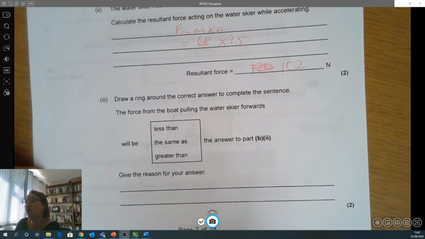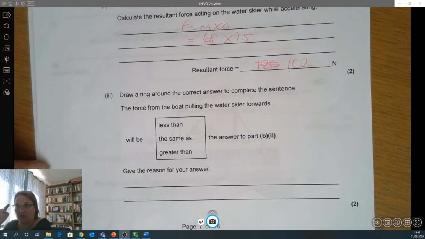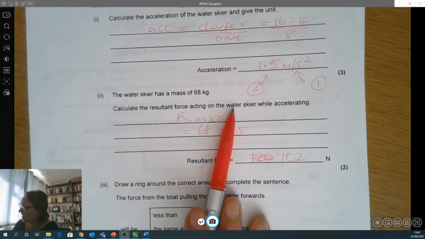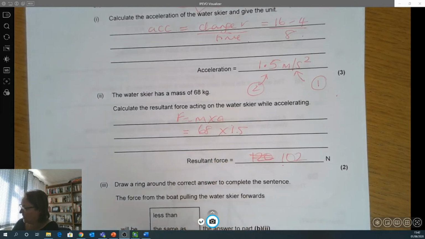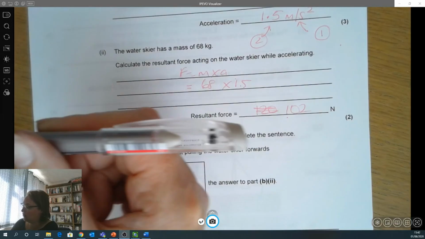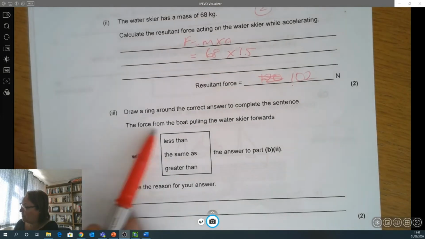The force pulling the water skier forward, so be careful. How is that different to part 2b? The force acting on the water skier when he's accelerating, compared to the force from the boat pulling.